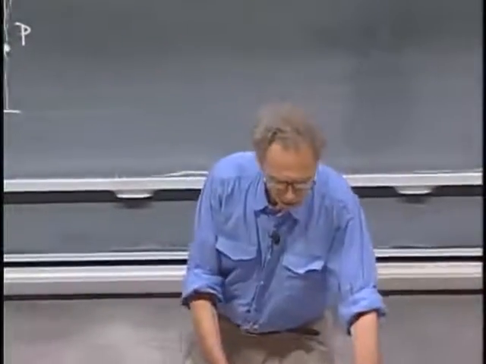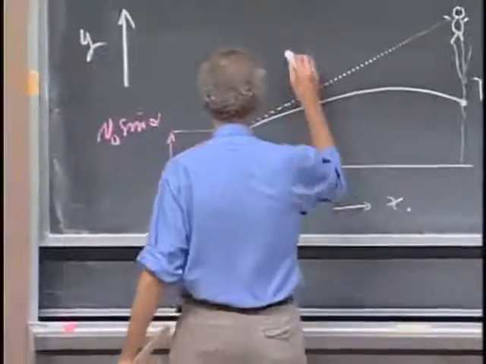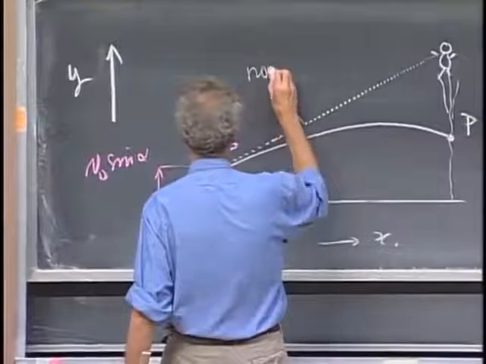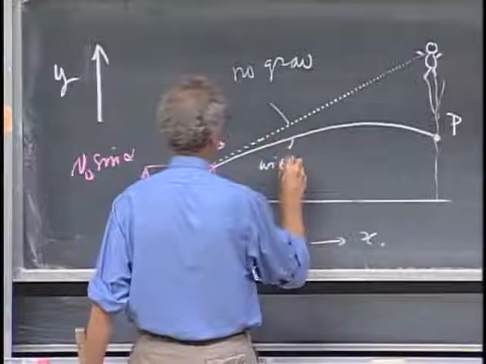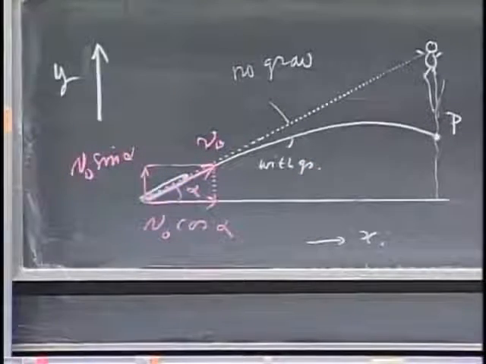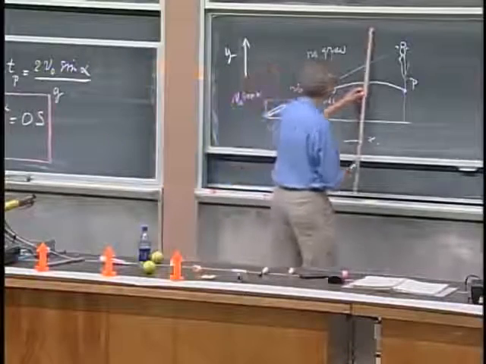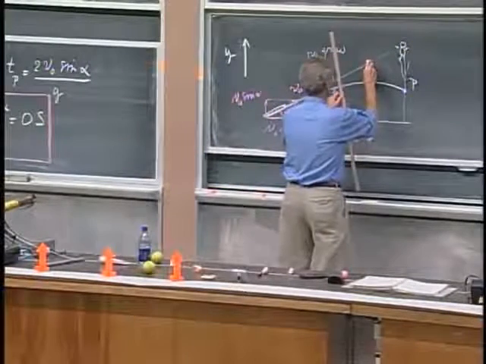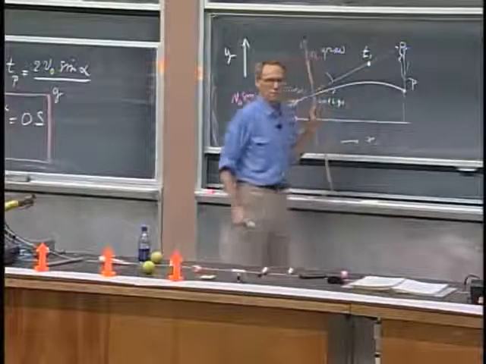I asked the following question. This would be the trajectory with no gravity, and this is the trajectory with gravity. We can both agree on that. At a certain moment, t1, let us assume that the golf ball would have been here without gravity.